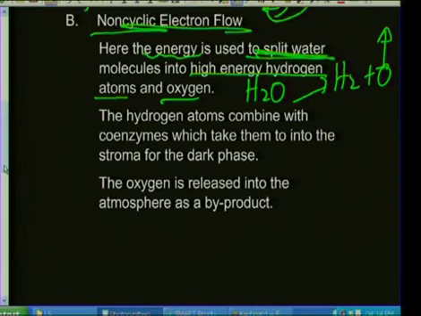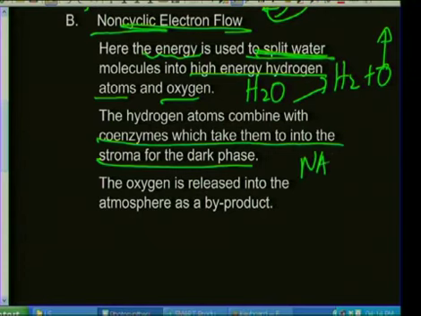The hydrogen atoms combine with coenzymes which take them into the stroma, into the dark phase. Okay, so we're getting here NADPH. There's the H that we're talking about. That's the story that's going to happen here into the dark phase.